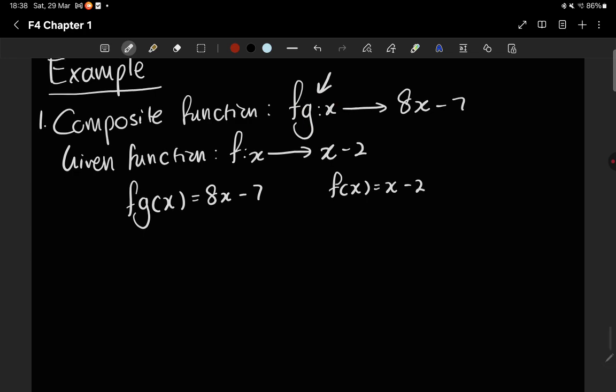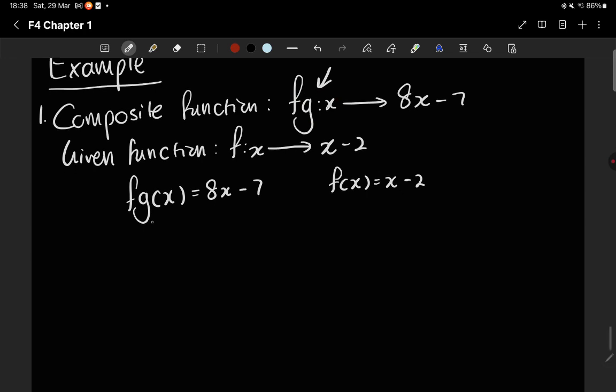So we can rewrite this like this. So we have our function fg of x, and we can assume this part as an x. So what we can do, as this is the x value, this is the x value of our function, we can just write it like this.